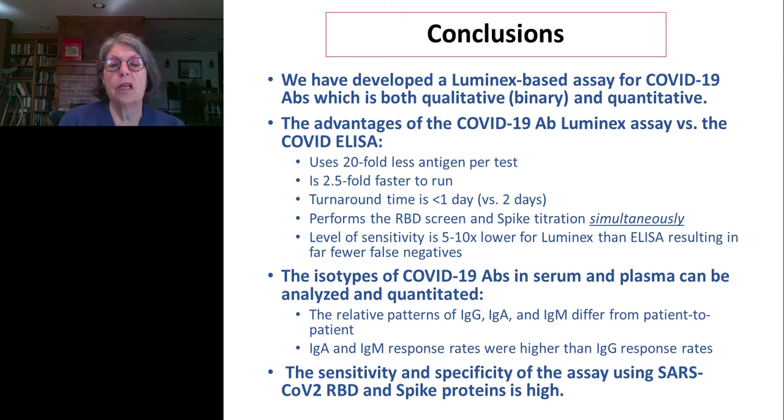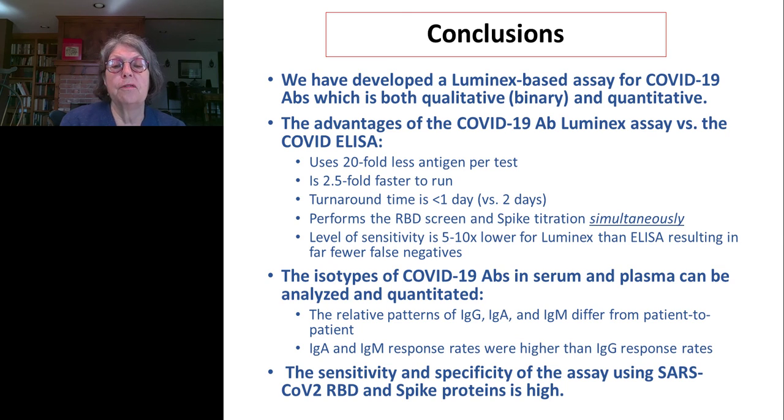The turnaround time is less than a day versus 2 days for the ELISA. You can perform the RBD screen and the spike titration simultaneously, whereas with ELISA it has to be done sequentially. And the level of sensitivity is 5 to 10-fold better for Luminex than for ELISA. And this results in fewer false negatives.